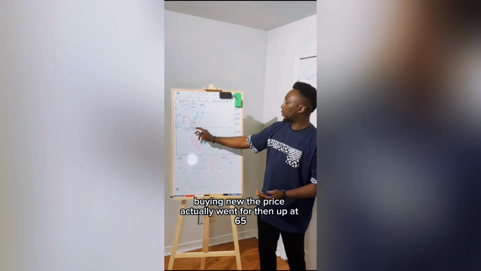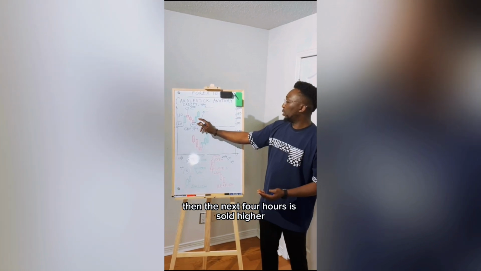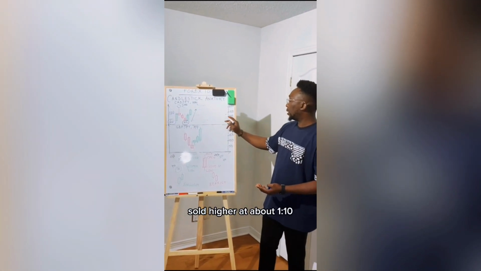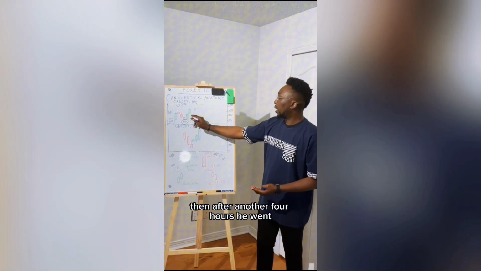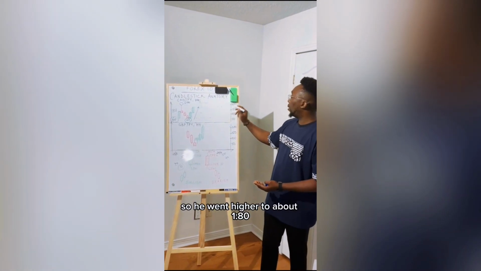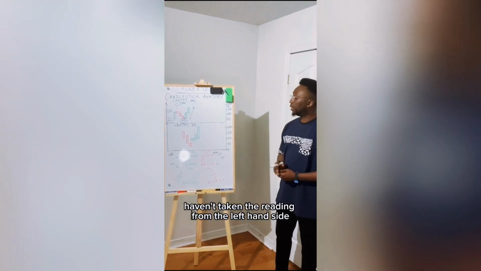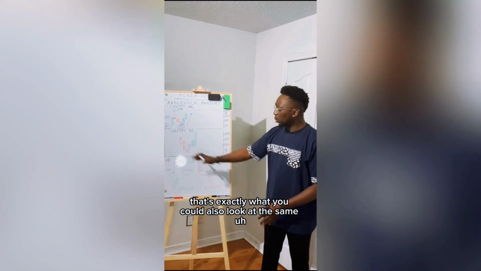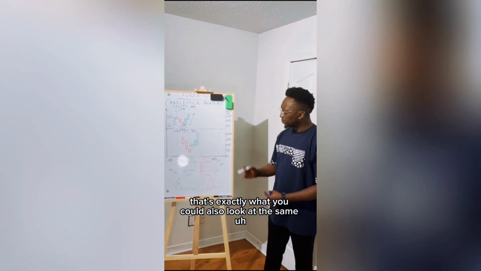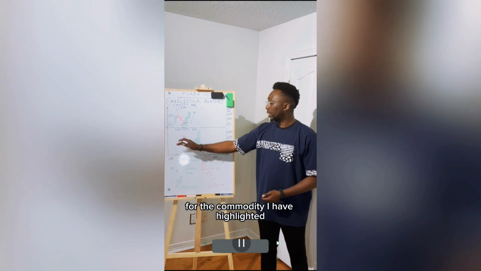Then at 65, the next 4 hours it closed higher at about 110. Then after another 4 hours, it formed another candlestick. So it went higher to about 180, having taken the reading from the left-hand side. That's exactly what happened.